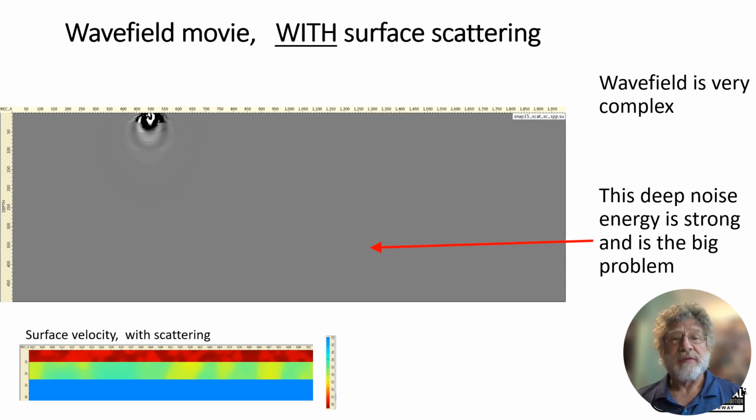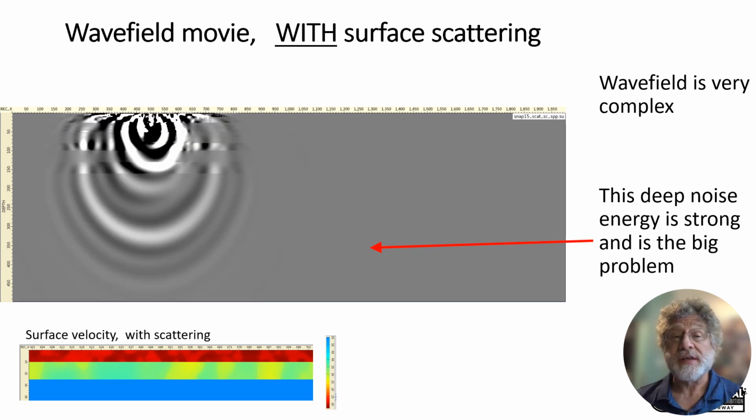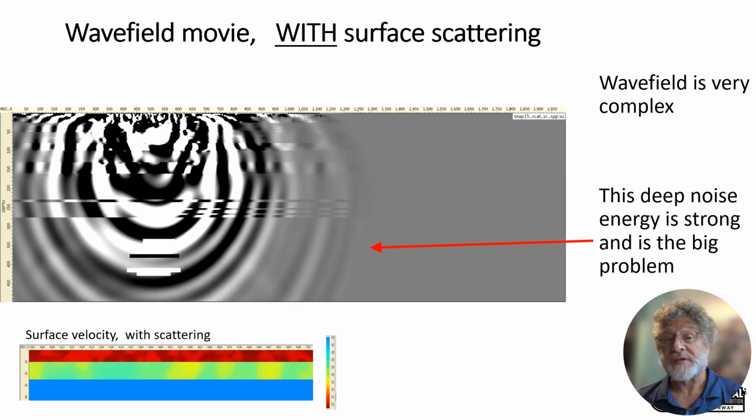Now I'm going to show the wave field modeling with scattering. Now the surface velocity model you see in the lower left has layering, and the lower left only goes down to 30 meters, so we're looking at the very near surface. It has layering, but you can see there's some heterogeneities in the top two layers. So now let's run the modeling, and you'll see there's a very significant amount of scattering.